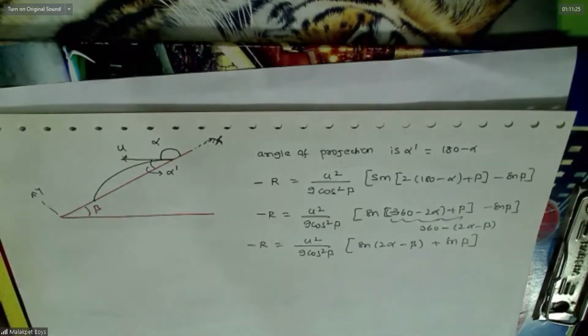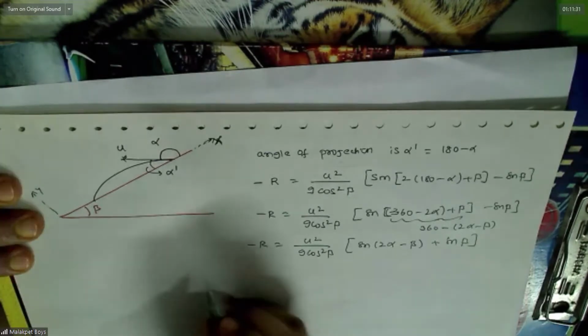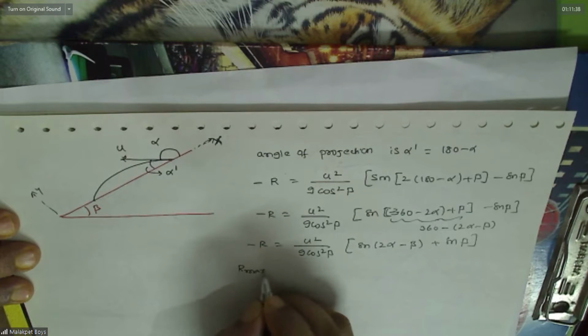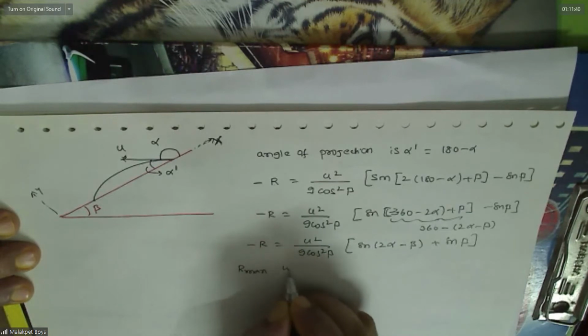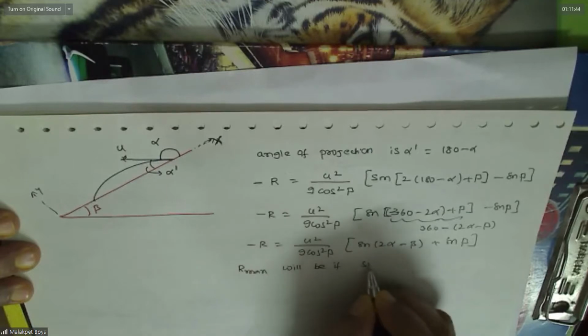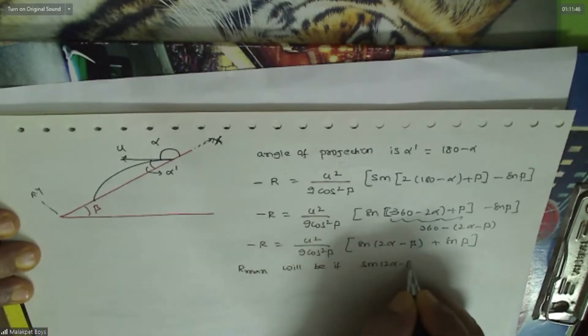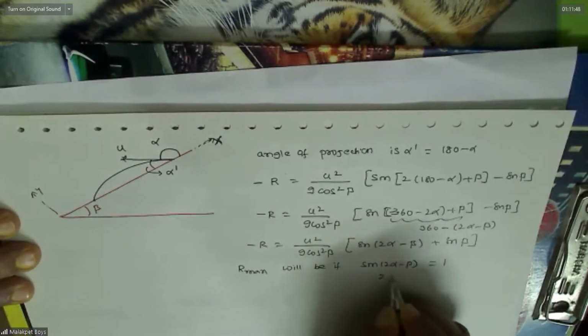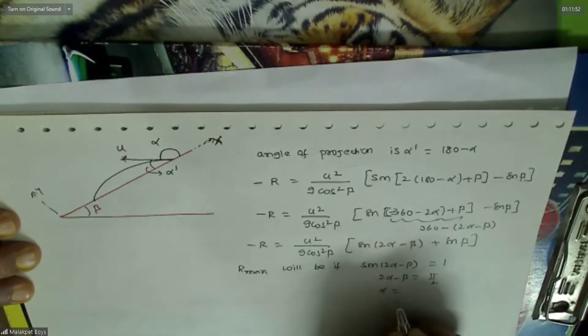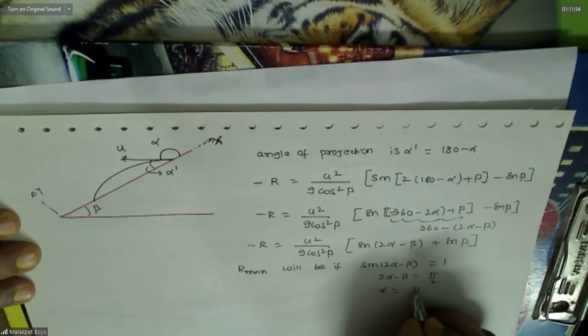For this, what is the maximum range? You can see that 2 alpha minus beta should be pi by 2. So what should be alpha?